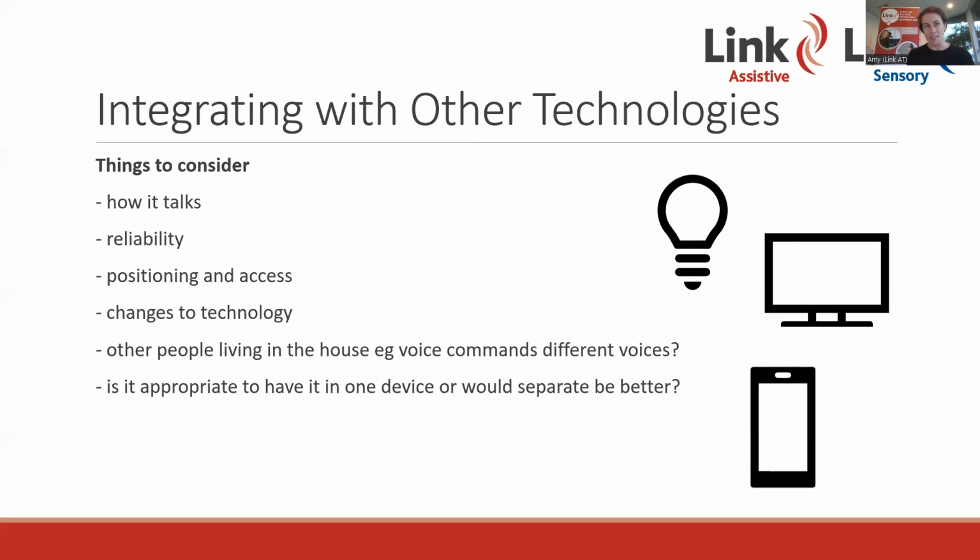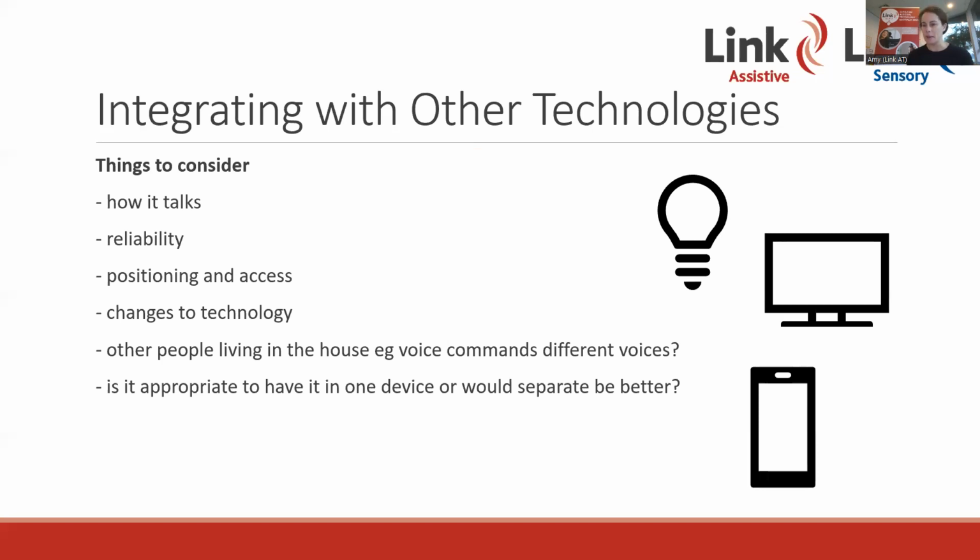We've got to think about positioning and access. For example, eye gaze devices often have to be straight in front of you, obviously to be able to position and read your eyes. But when you have a device in front of you, it's not great for watching TV. So maybe positioning and access becomes challenging for certain tasks. We've also got to think about changes to technology.